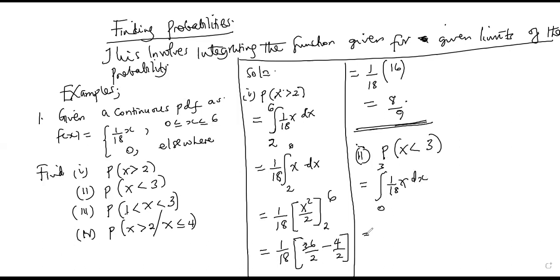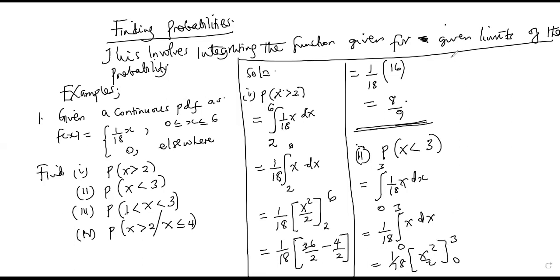So this is going to be 1 over 18 integral from 0 to 3 of x dx. So this is the same as 1 over 18 x squared over 2 after integrating, then from 0, of course, to 3.